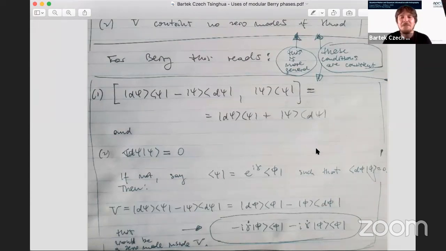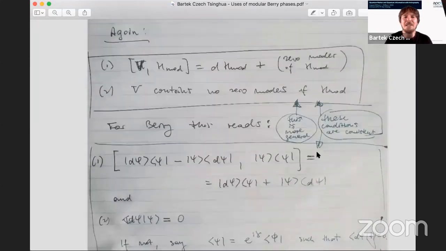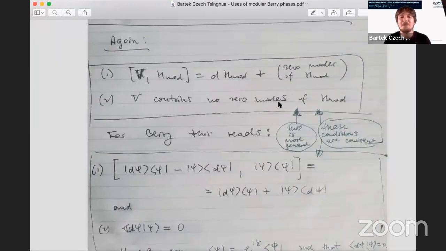And even in the boundary, I only started to sketch it. I gave these two conditions, but we haven't talked about what their meaning is all that much. We have only verified so far that they agree with the Berry notion of parallel transport in the Berry special case. But I haven't yet told you why these conditions, what's special about them, what motivates them. So far, I only told you that we agree with Berry, but I didn't tell you anything else.